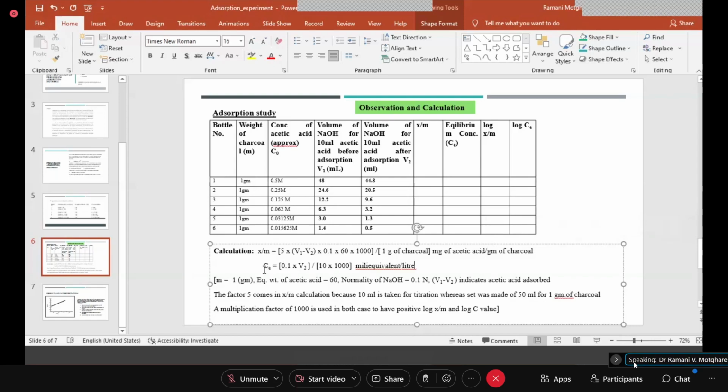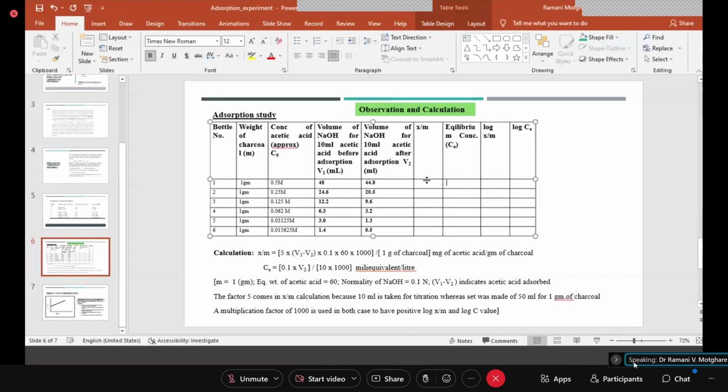Okay, then what is the equilibrium concentration? That also we have to find out. Now this is the initial concentration provided by the attendant. When you perform titration, you come to know that you require this much quantity of NaOH, which is already a known standard solution given to you. So if this is the standard solution, you are performing using 10 ml. So CE for each solution will be determined by putting, like for the first value, CE will be equal to 0.1 into V2, which is 44.8.